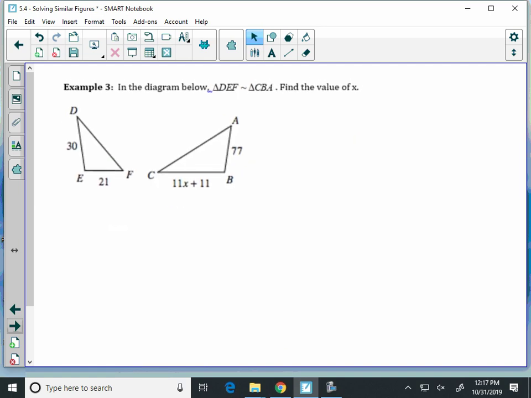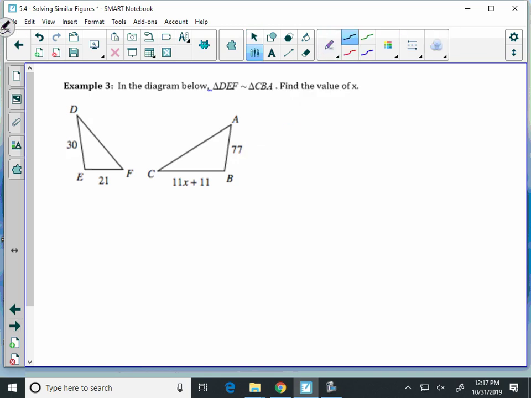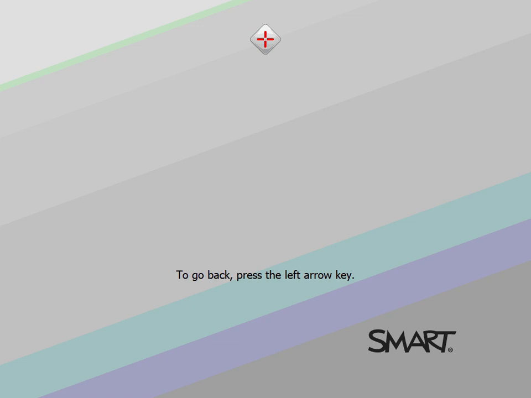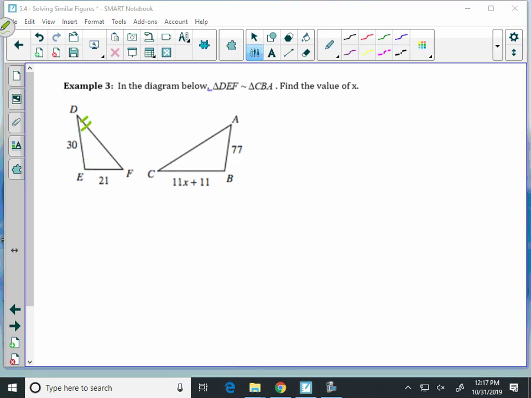So to take a look at example 3, we want to find x. We know these triangles are similar. So I'm going to mark my angles. DEF. 1, 2, 3.